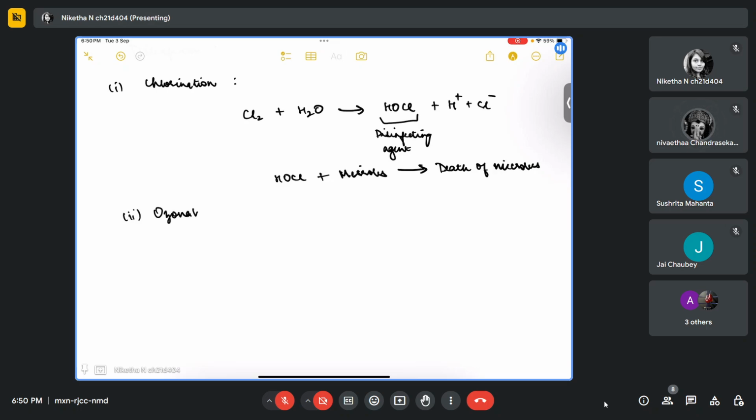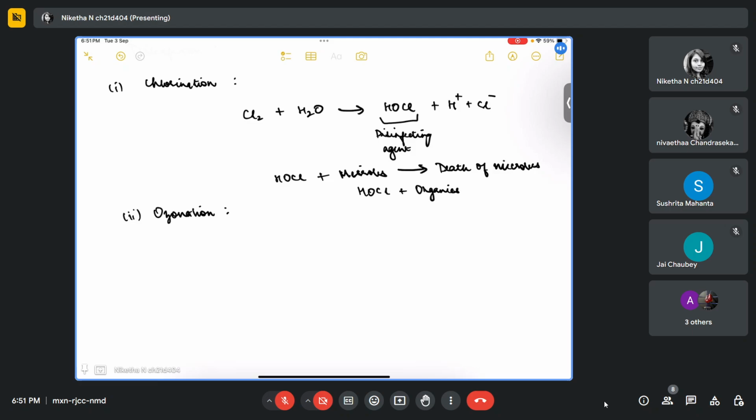This is done in a process called ozonation. The advantage of ozonation is that during chlorination we will have a lot of issues. This HOCl will sometimes react with organics present in the water. Usually we can observe this when we go for wastewater treatment.